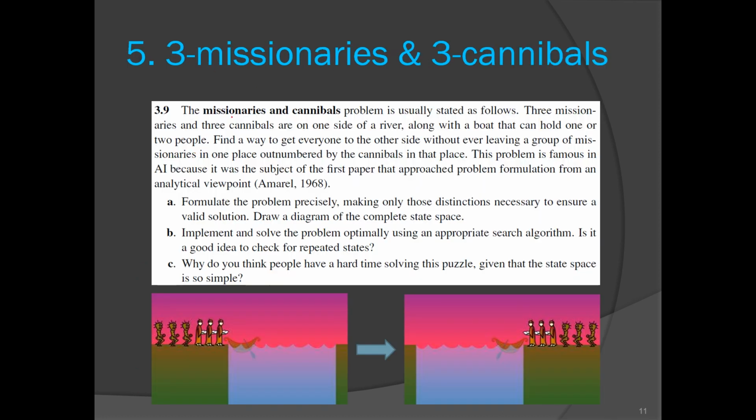Now the last problem is 3 missionaries and 3 cannibals. This is a homework problem. What is this problem? Here we have 3 missionaries and 3 cannibals, and they are on one side of a river. This is our river. They have one boat, but the capacity of this boat is that it can carry either 1 or 2, not more than 2.